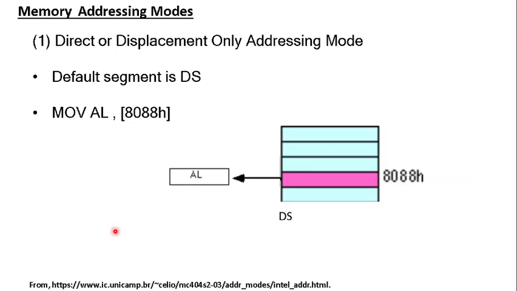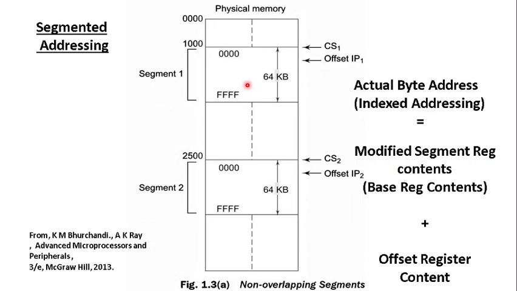Then coming to the various memory addressing modes, there are various possibilities in 8086 to take out operands or data from memory, and we have to carefully analyze these things. The first is direct or displacement only addressing. In displacement only addressing, it takes the view of the segmented addressing scheme of 8086. You might be remembering this segmented addressing scheme.